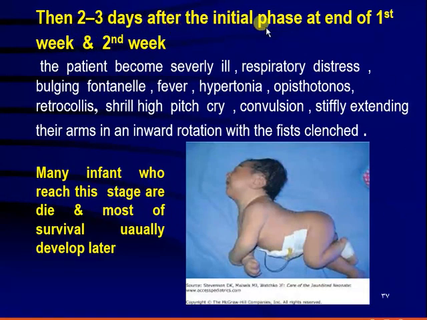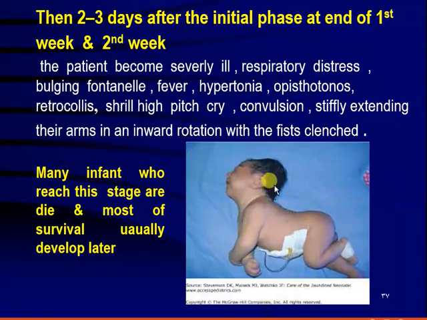Then, 2 to 3 days after the initial phase, at the end of the first week and in the second week, the patient becomes severely ill with severe respiratory distress, bulging fontanelle, fever, hypertonia, opisthotonus and retrocollis, shrill high-pitched cry, and convulsions, stiffly extending the arms with inward rotation and fisting clench.